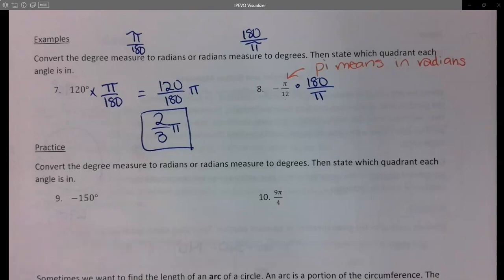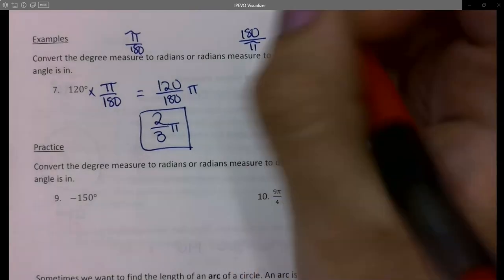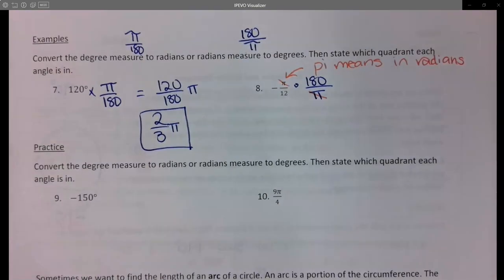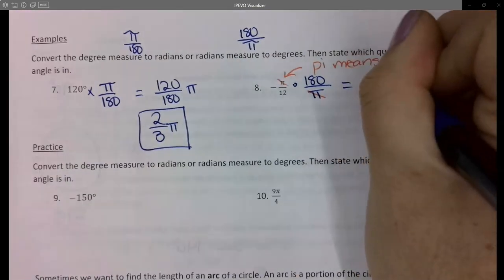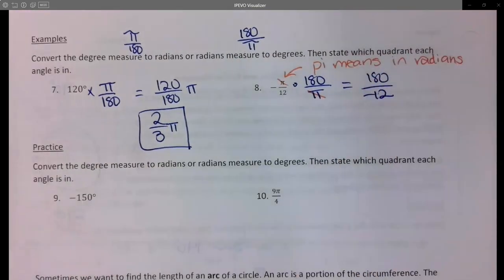Then, because I have a pi on the top and bottom, those cancel out. So I'm left with 180 on top, negative 12 on bottom.